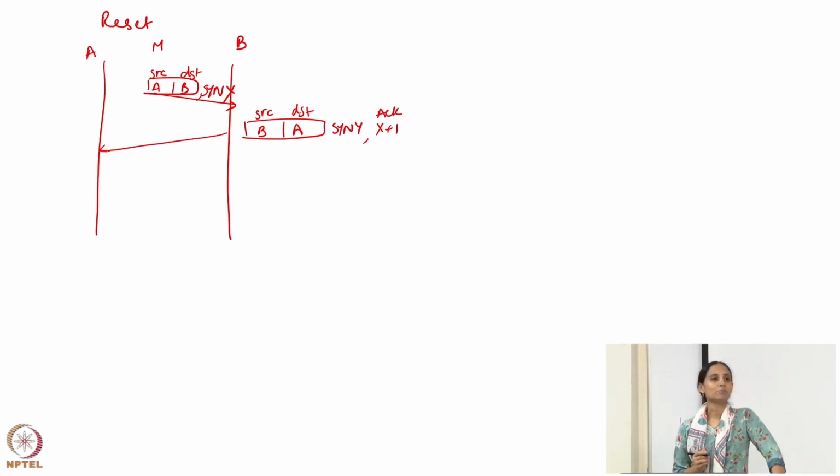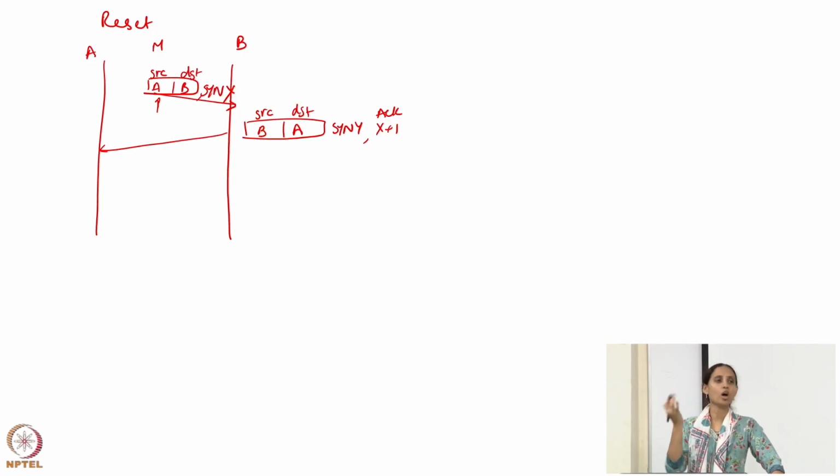Now, a lot of times people assume incorrectly that if Mallory took on A's IP address, when B sends a packet with destination as A, who does this packet go to? People assume it will go to Mallory. It does not go to Mallory.